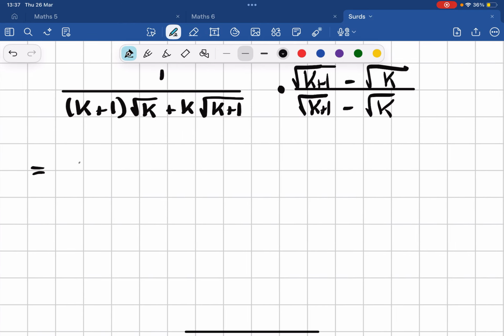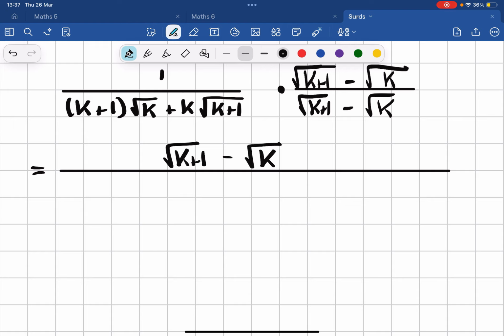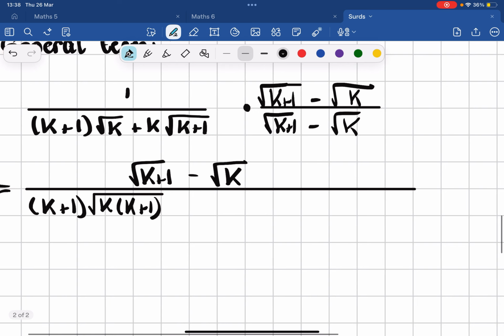So just evaluating the numerator, we've got root k plus 1, that's all good, minus root k of course. And then the denominator on the other hand, well, that shouldn't be too hard to expand, so we have k plus 1 times root k plus 1, so we can bring that all into one surd: k times k plus 1, that's just the first out of 4.